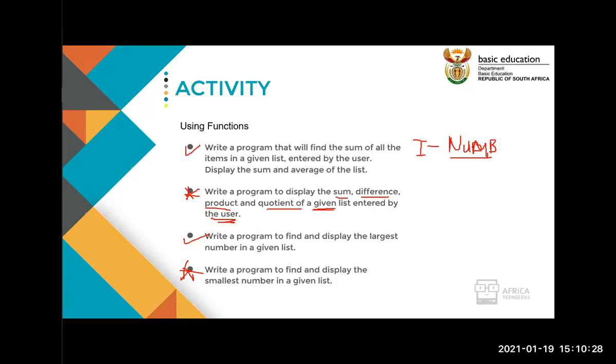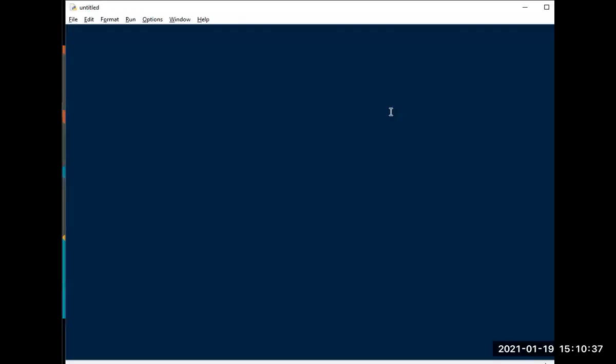So if we're using a while loop to do this, we're going to firstly go back, file, save.